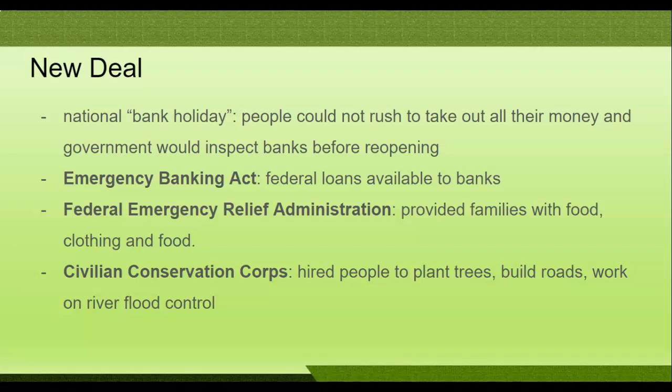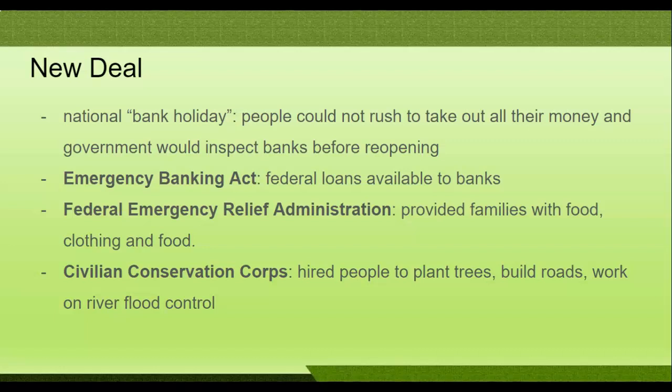There's also the Federal Emergency Relief Administration, which is to provide families with food and clothing and just basically help them out. And yes, I have food twice. All right, and there's also the Civilian Conservation Corps.